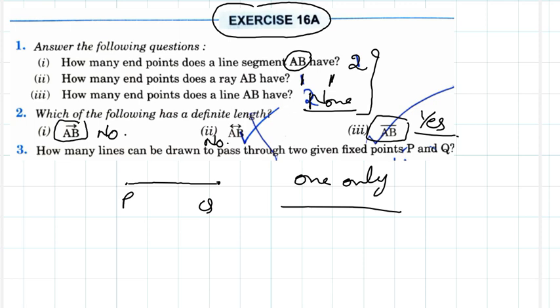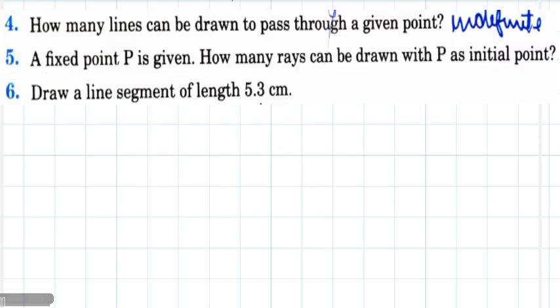Right? Let us move to the next question, number 4. How many lines can be drawn to pass through a given point? I have told you we can draw infinite lines from the given point, or infinite.